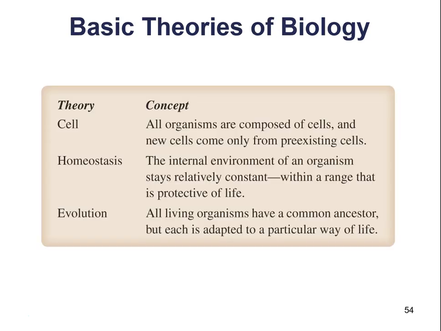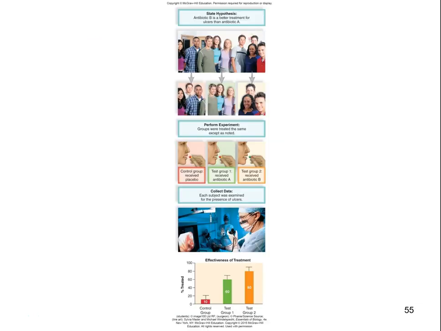So some examples of theories, right? Cell theory, homeostasis theory, and also the theory of evolution, okay? These concepts or theories have been shown or proven. We never really use the word proven, but have been shown in many different ways, utilizing many different types of experimental approaches, and they're well accepted within the scientific community, okay?